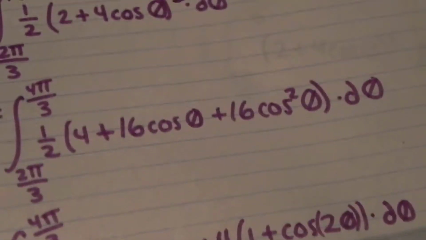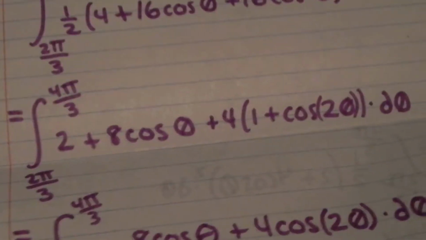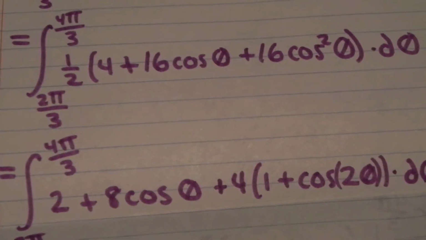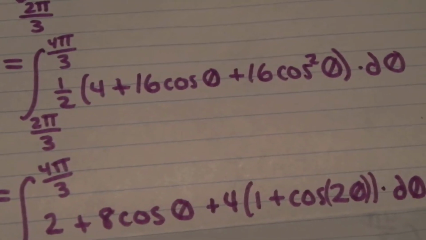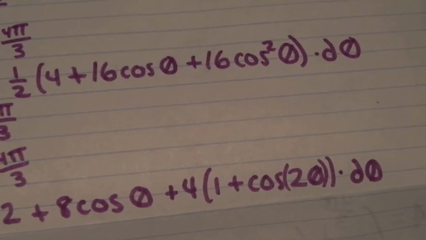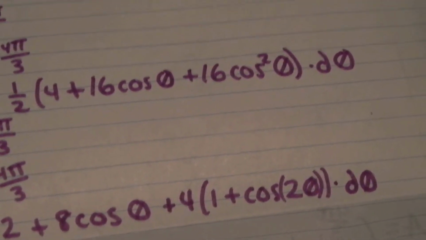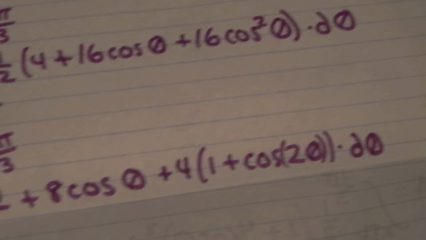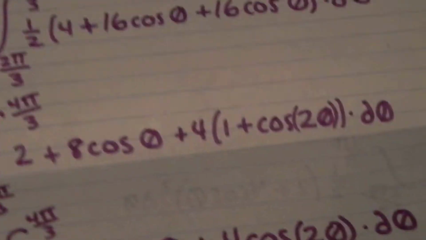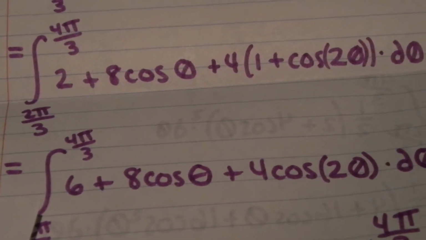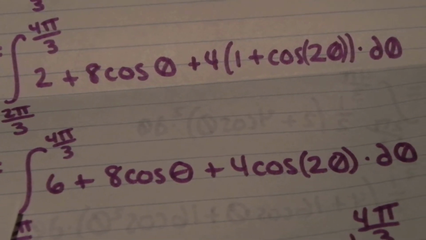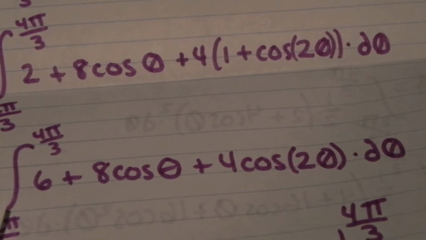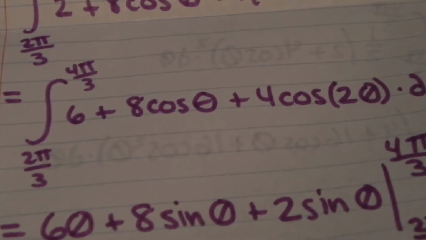Now distribute the 1/2, which will create 2 plus 8 cosine theta plus 8 cosine squared theta, but you can substitute: instead of cosine squared theta, use 1 plus cosine of 2 theta and multiply that by 4, which you can then simplify to 6 plus 8 cosine theta plus 4 cosine of 2 theta in the integral from 2 pi over 3 to 4 pi over 3.